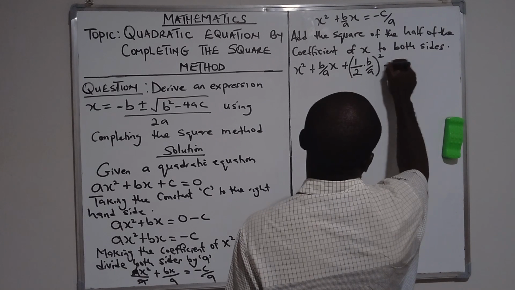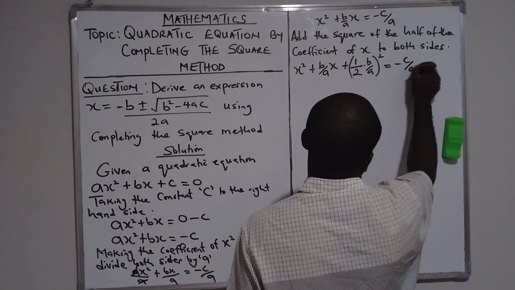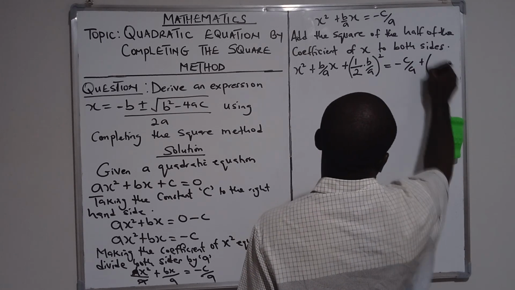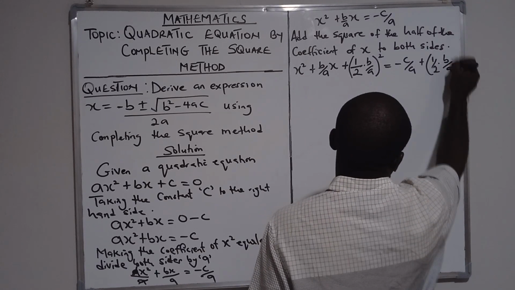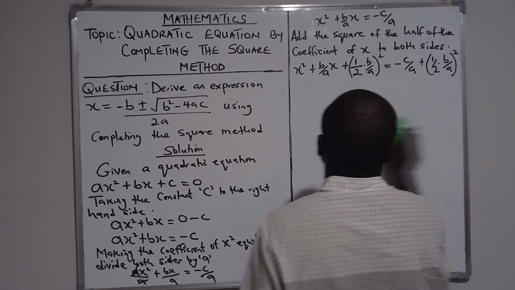Do the same thing on the right side: equals minus c over a plus 1 over 2 times b over a, squared.